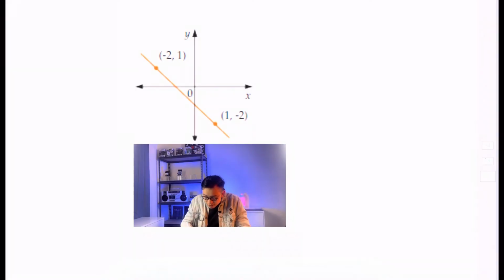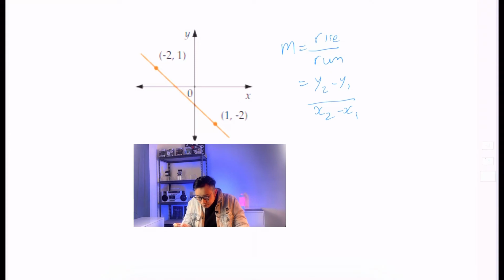Well, the formula never ever changes. So what's the gradient formula again? Gradient is rise over run. So how do you find the rise? That's correct. It is y2 minus y1. And what's the run? It is x2 minus x1. So then you just have to decide who is going to be your first coordinate point.